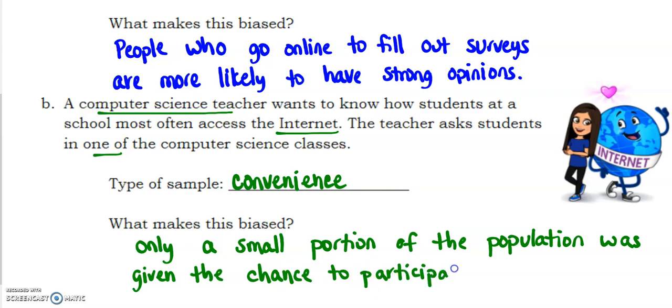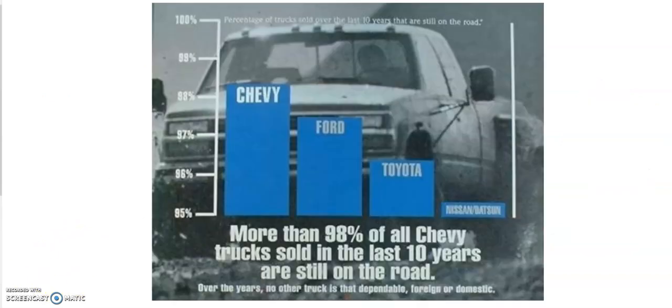And that's the thing, you have to make sure every part of the population is represented. So if you do it out of convenience, it's unlikely that the population you're talking to or surveying is going to represent the entire building or whatever population you're talking about.